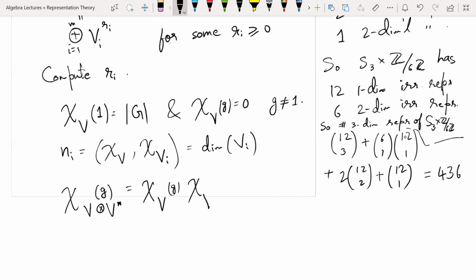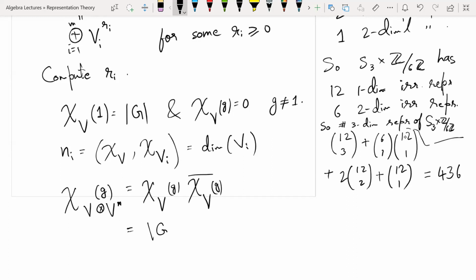And the character of the regular representation is a real valued function, in fact an integer valued function. So we know what it's going to be. For 1 it is size of G square.